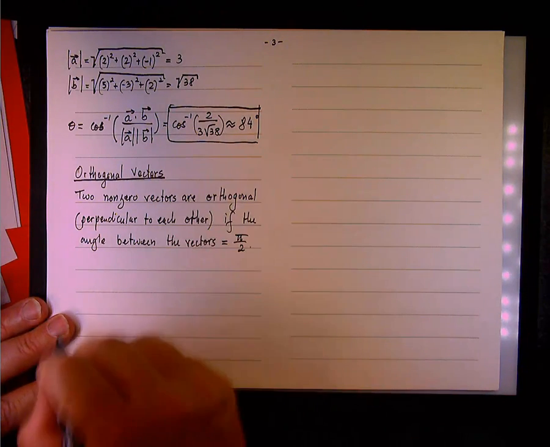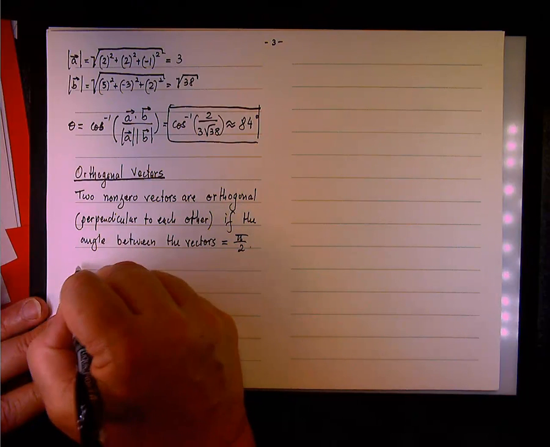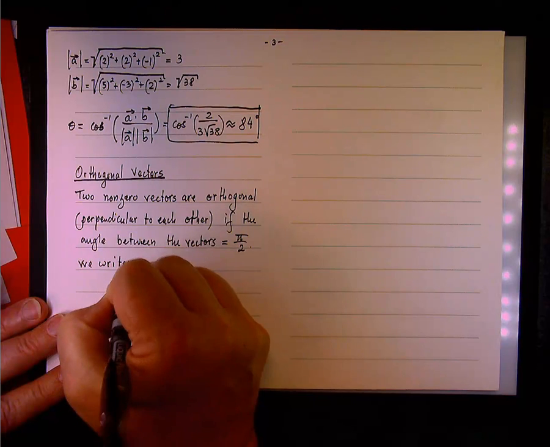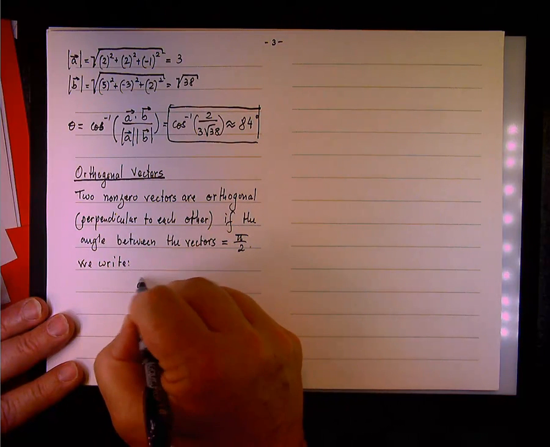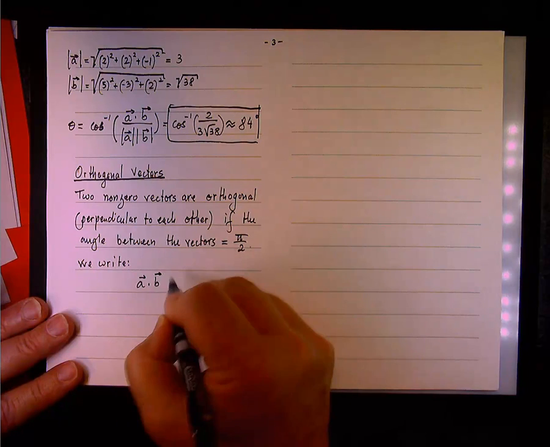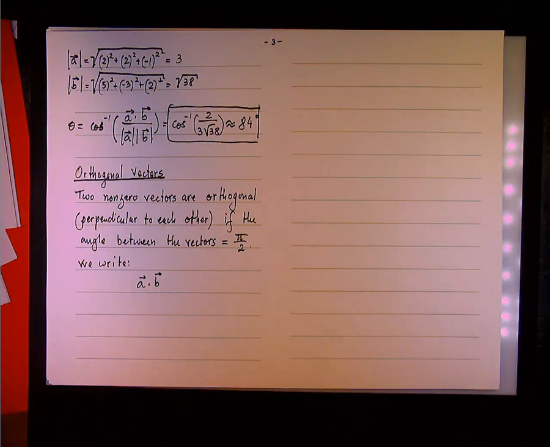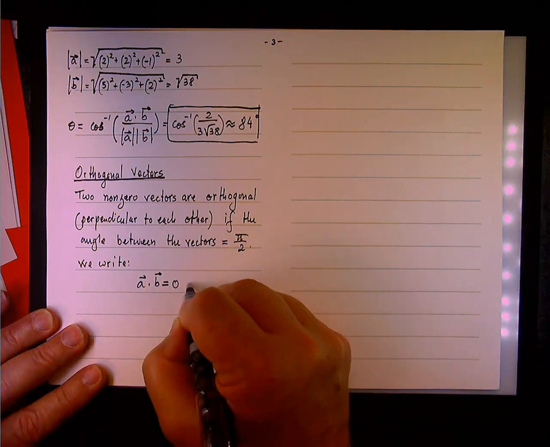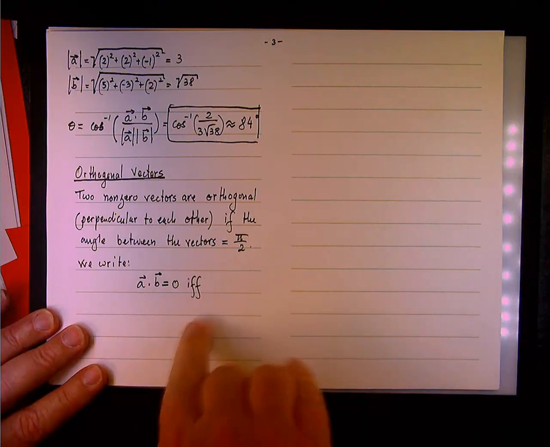This is a corollary of what we did before, or we can write A dot B. Remember, A dot B is |A||B| cosine theta, but cosine of pi over 2 is 0. So we're going to say A dot B equals 0 if and only if.